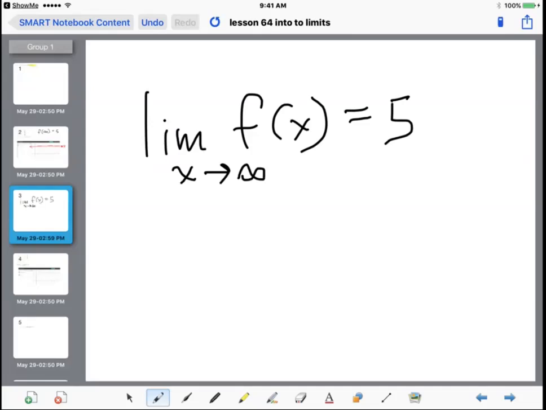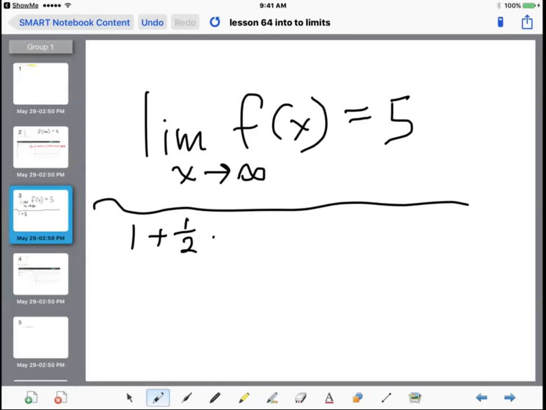And this limit concept could have been introduced in some other topics. Like, for instance, when you did infinite geometric series last semester and also last year, when you would casually put an equal sign here.